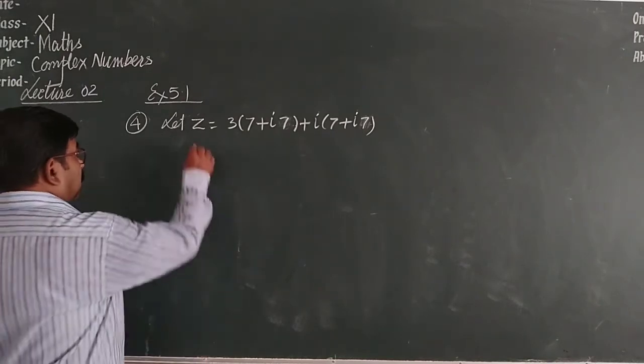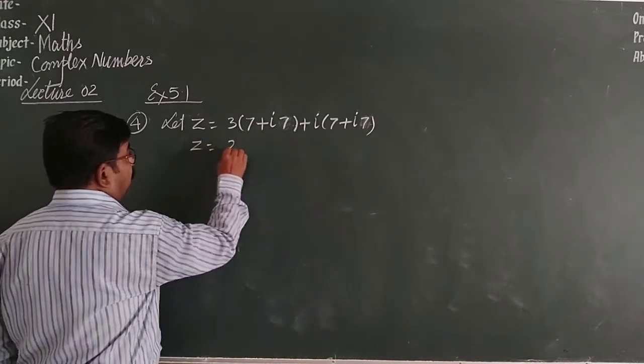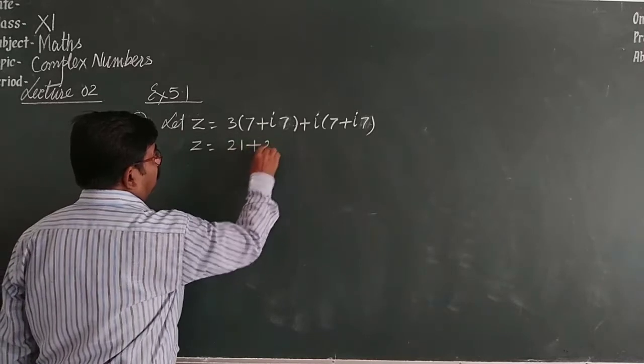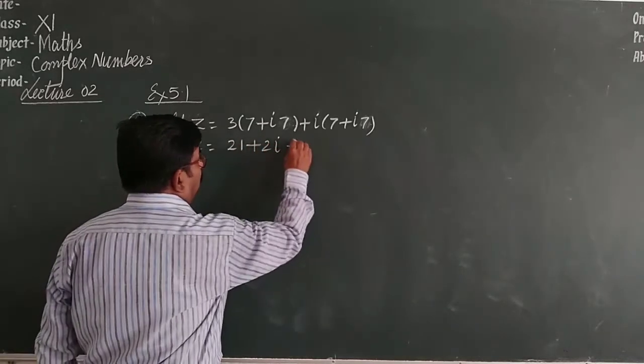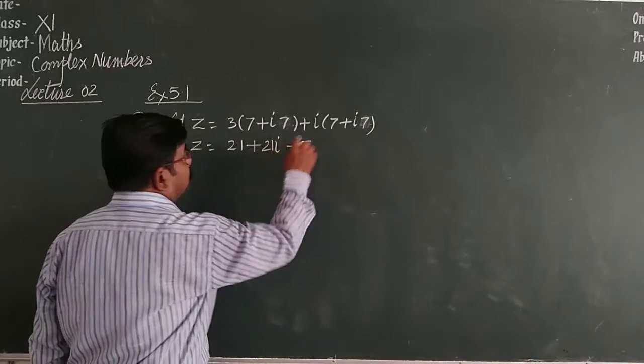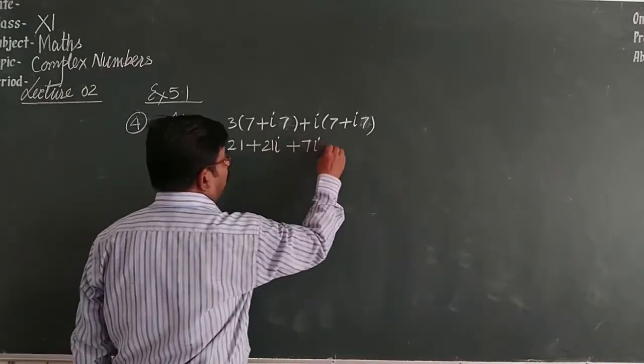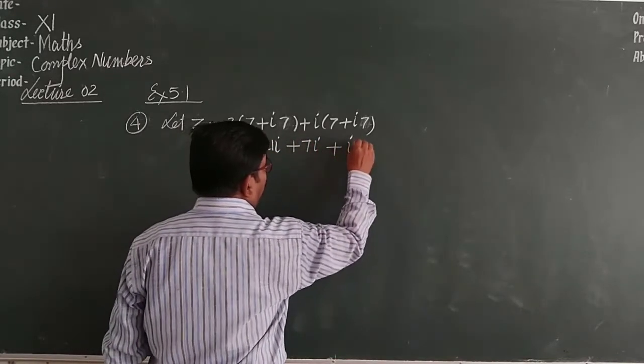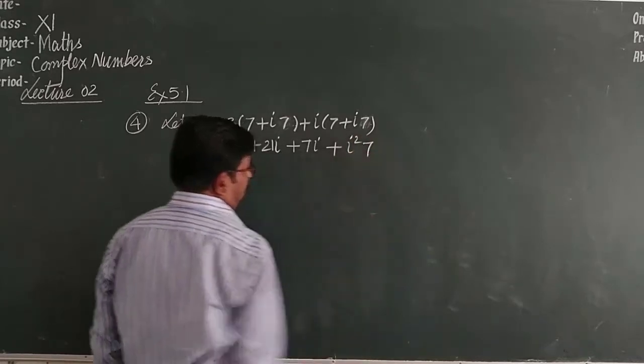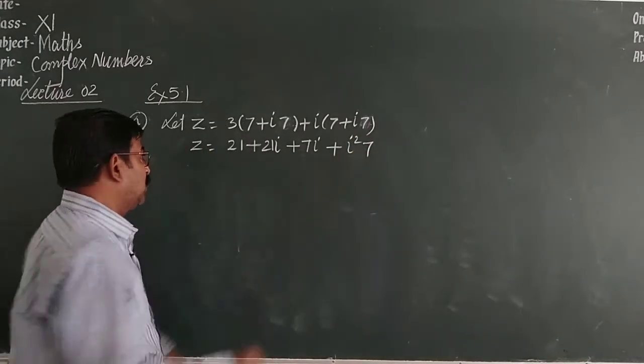Simplify this. z is equal to 21 plus 21i plus 7i plus i square into 7. i square is minus 1.